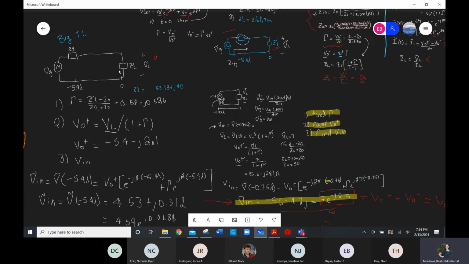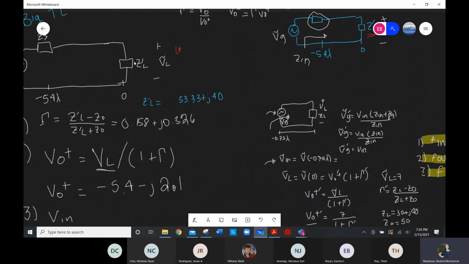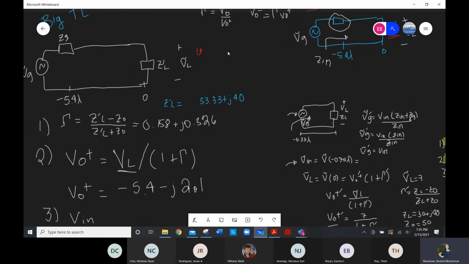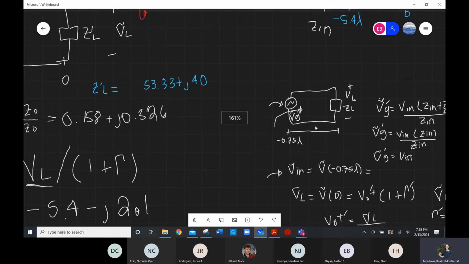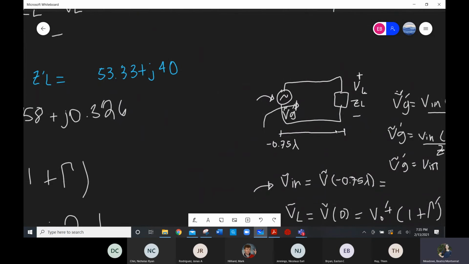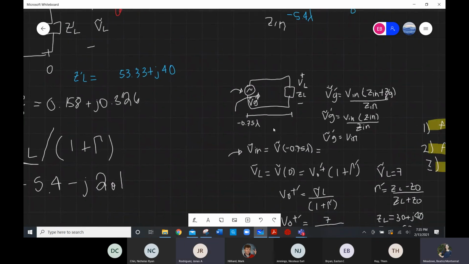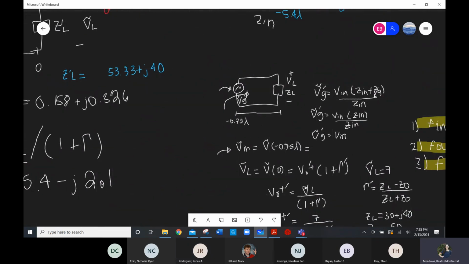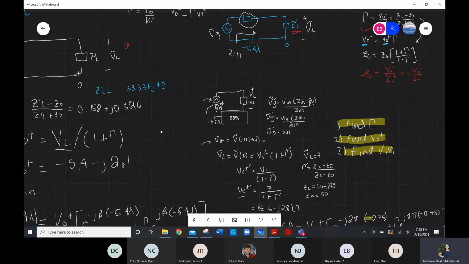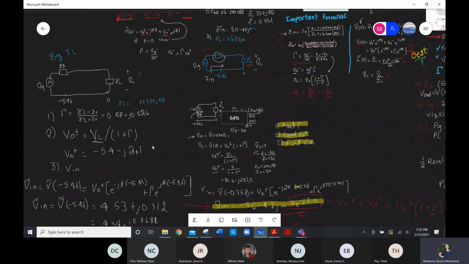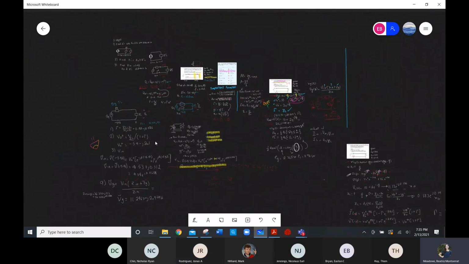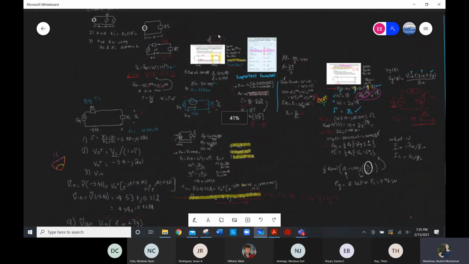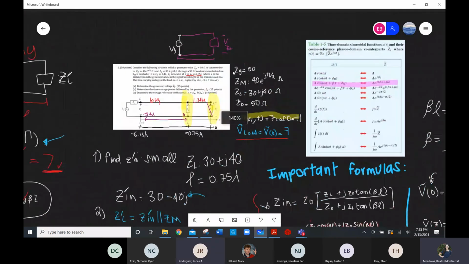Makes sense? Because you would have had to solve for this BL, and then you make the connection to the little transmission line. The BL of the big transmission line is the BG of the small transmission line. And you would have just solved for B in, etc. So, good job. We did part A. We can now move to part B.